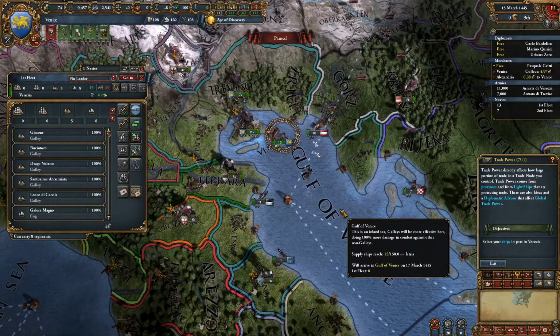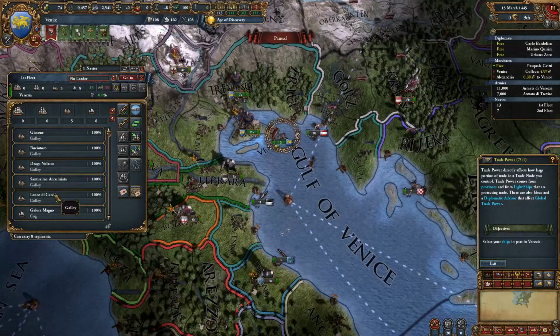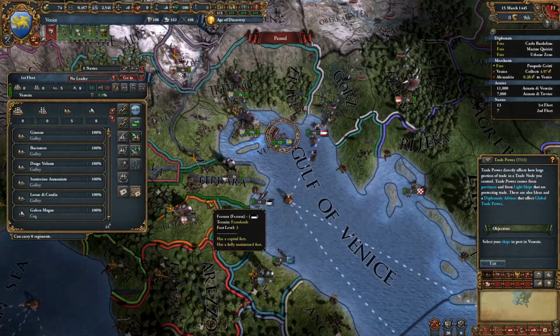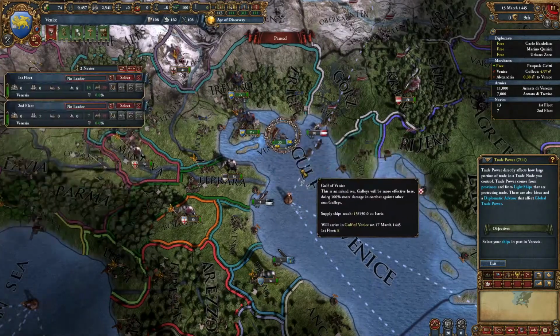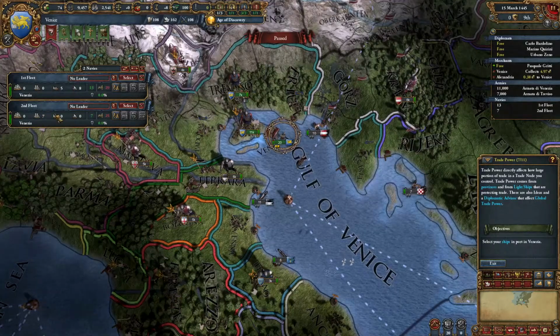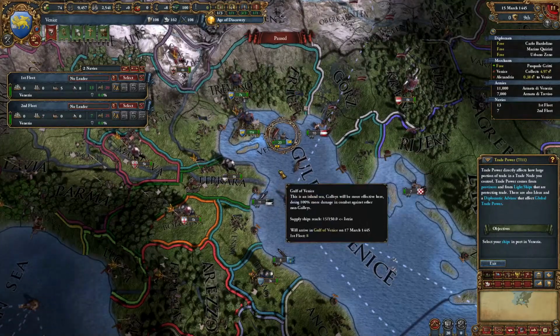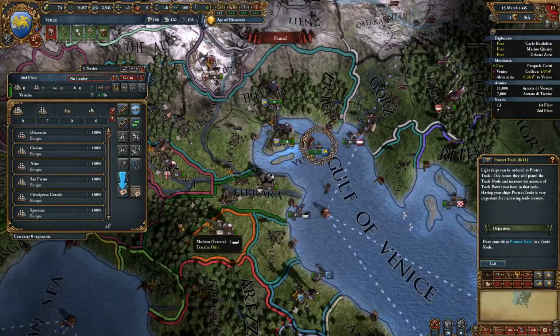Select your ships in the port of Venice. Well, I have. Is that the ones that you want? Oh, them ones. Light ships.